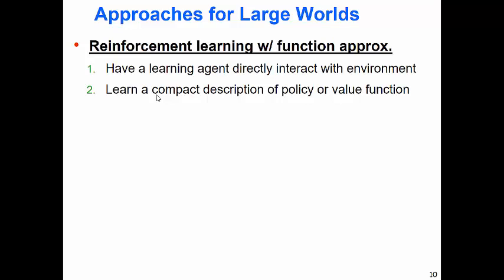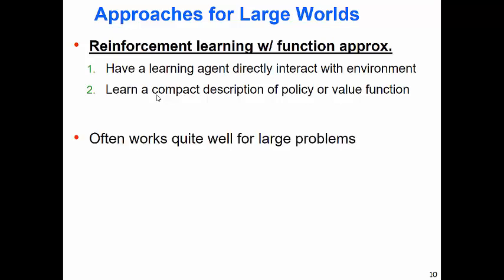Reinforcement learning tries to compactly represent a policy or a value function via something like a neural network, a linear function approximator, or a decision tree, however you want to represent it. But you're not going to represent it as a table, you're going to represent it as a compact functional form. In reinforcement learning, there are various ways of trying to do that. It often works well for large problems in a whole bunch of domains.